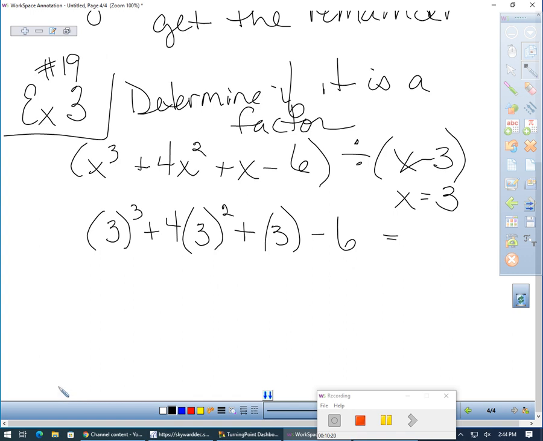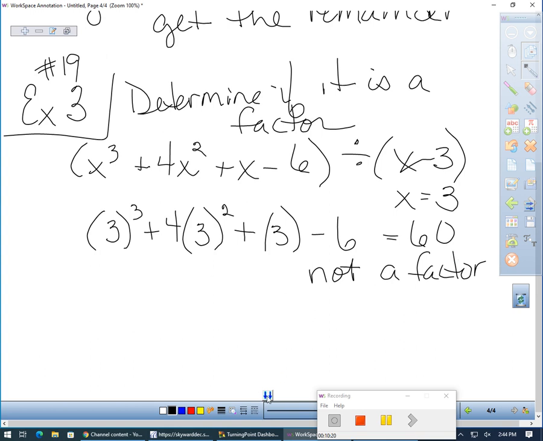What'd you get? We got 60? Okay. Since we got a remainder, what does that mean about the factor? It's not a factor. Exactly. So instead of having to do that whole long division to determine if it's a factor, you can just do this.